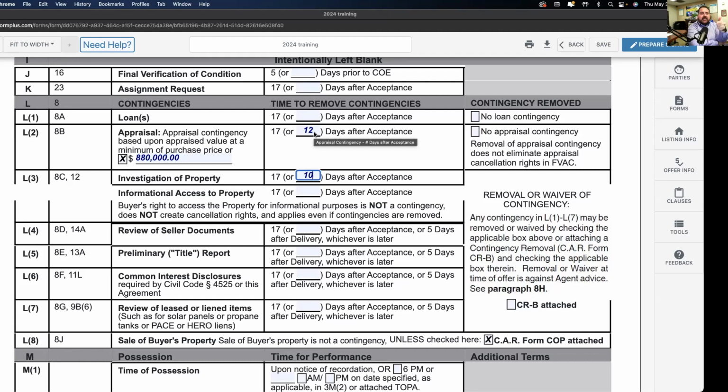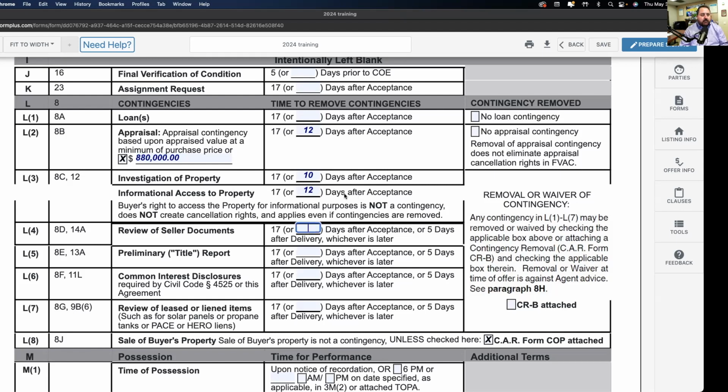After day 17, I can't go in without the consent of the seller. So probably the best case scenario would be, whatever your longest contingency is, you match it. Okay? That's it.